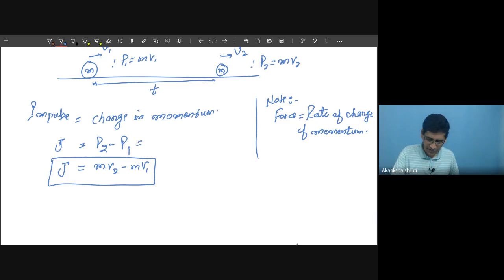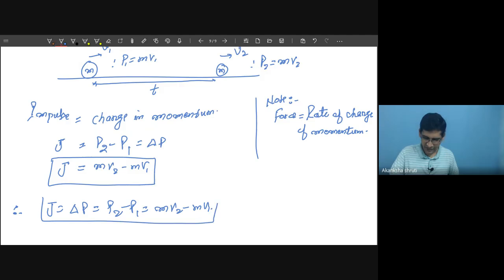Sometimes this P2 minus P1 is also denoted by delta P. Therefore, this J means delta P, given by P2 minus P1, is also given by mv2 minus mv1. So the entire relation is this one.